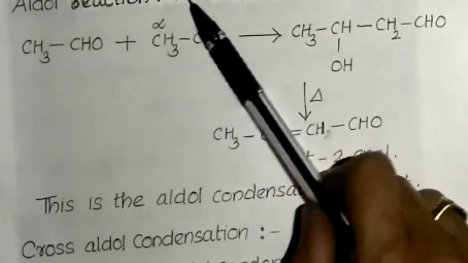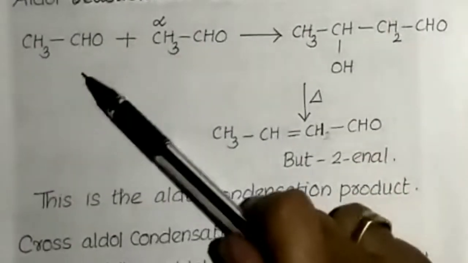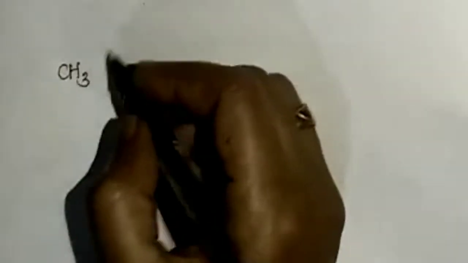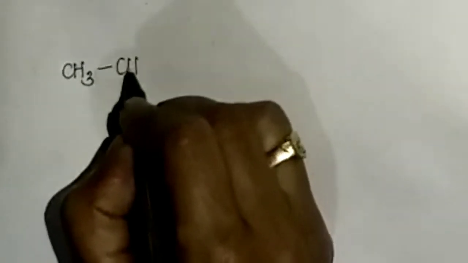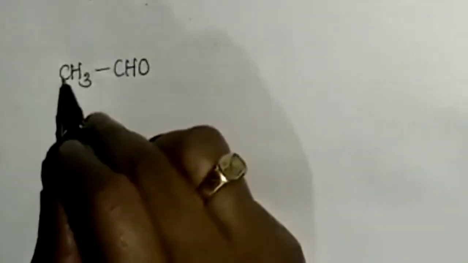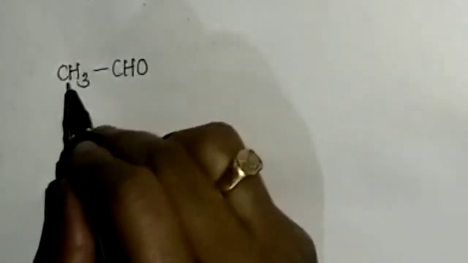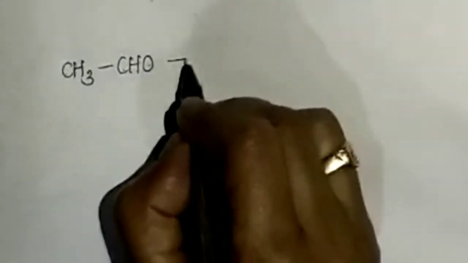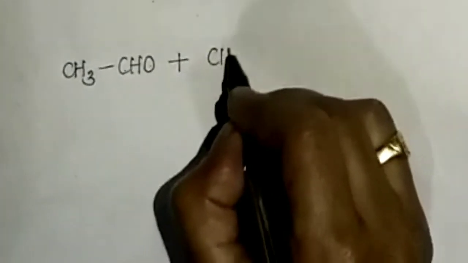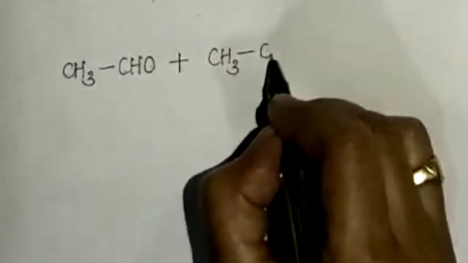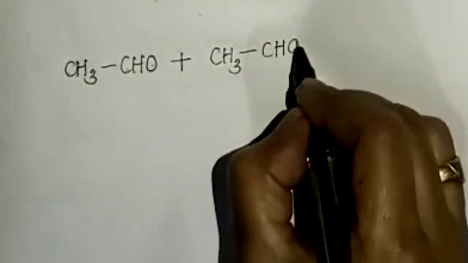We can explain with the help of an example. We can take the aldehyde CH3CHO, ethanal, a two carbon atom aldehyde, plus another ethanal molecule CH3CHO.